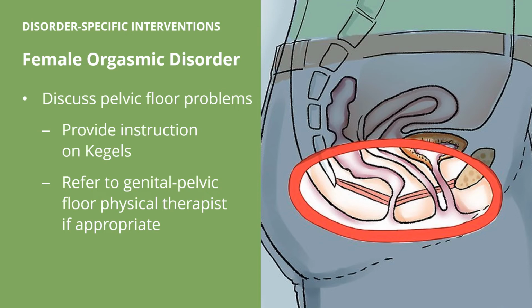Of course, the clinician should evaluate all medications the patient is taking that may be inhibiting her orgasmic response and inquire about relationship psychosexual issues that may be impacting her sexual function. There is emerging data on laser and radio frequency. However, these new technologies are not currently approved or indicated for treatment of female orgasmic disorder.